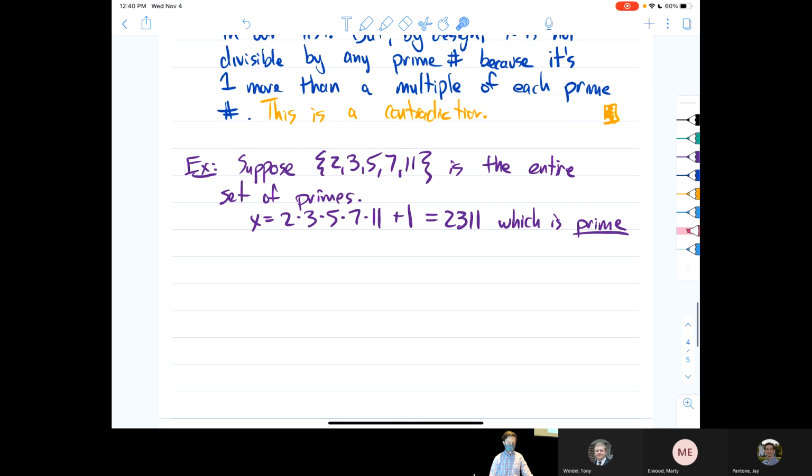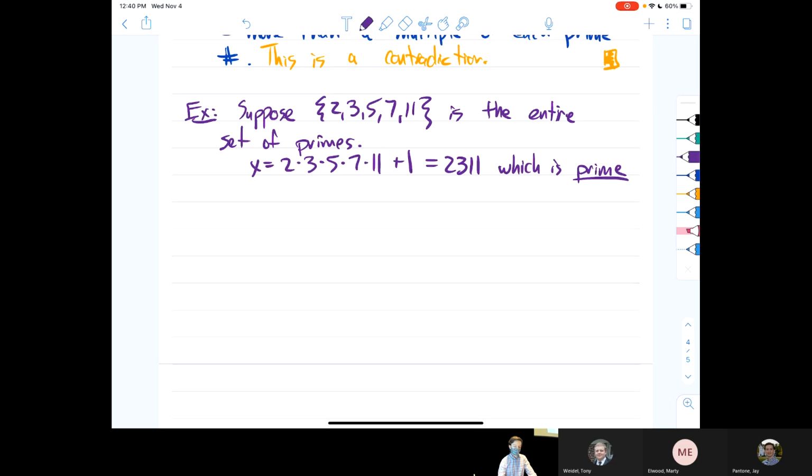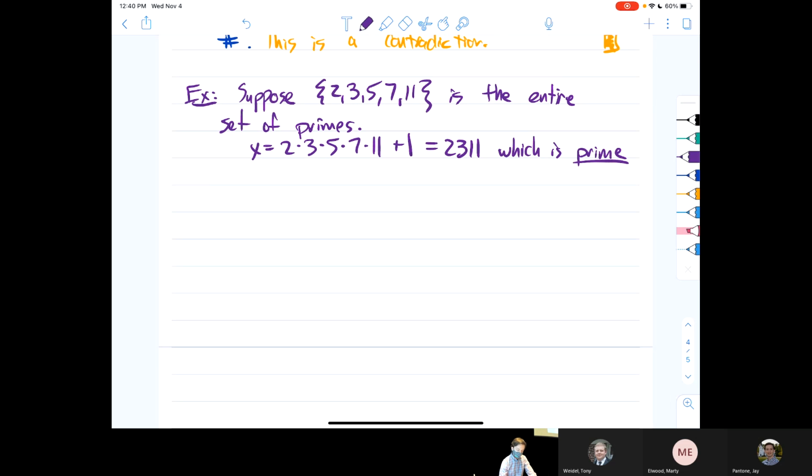So one other example. The second one follows the proof a little better. It follows the logic in the proof. What if we had said, oh yeah, we forgot 13? We assume this is the entire set of primes.